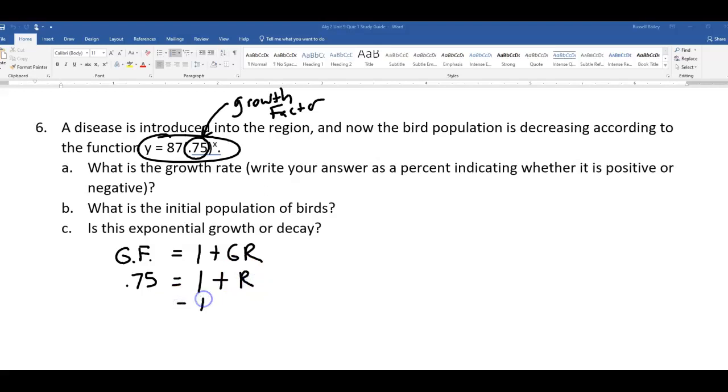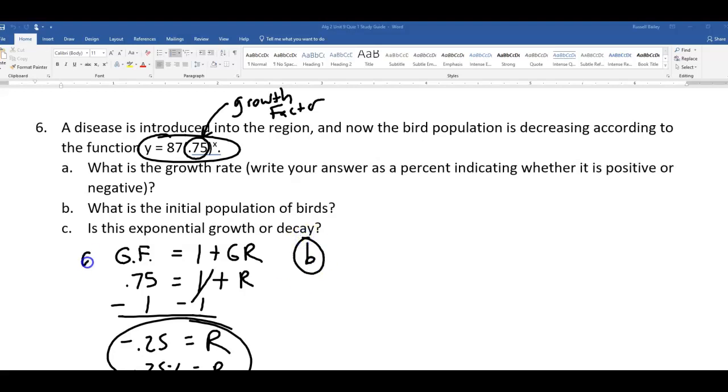And then we're going to go ahead and subtract here, and I end up with negative 0.25. As a percentage, that would be negative 25%. So here's my 2 answers here for the growth rate. All right, that's part A.